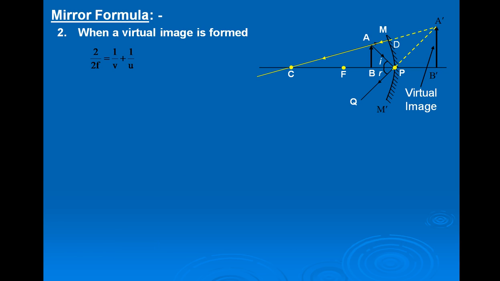The 2 and 2 cancel each other. Therefore we get 1 upon f is equal to 1 upon v plus 1 upon u. So this is the mirror formula for concave mirror if the image formed is virtual. Whether the image formed is real or virtual, the mirror formula for concave mirror remains the same.